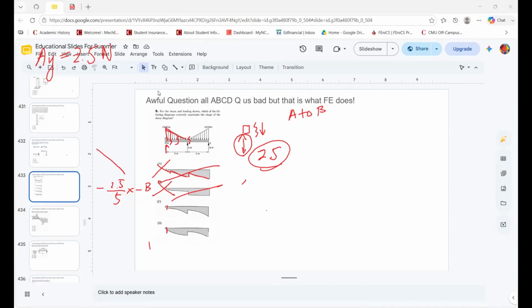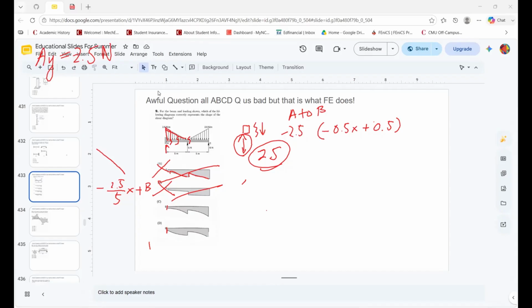It's positive b, sorry. So that means get your calculator out, do this. 2.5 divided by 5, which equals 0.5, minus 0.5x plus 0.5 is what we'll do. Anyways, and then we'll add in over here minus 2.5.